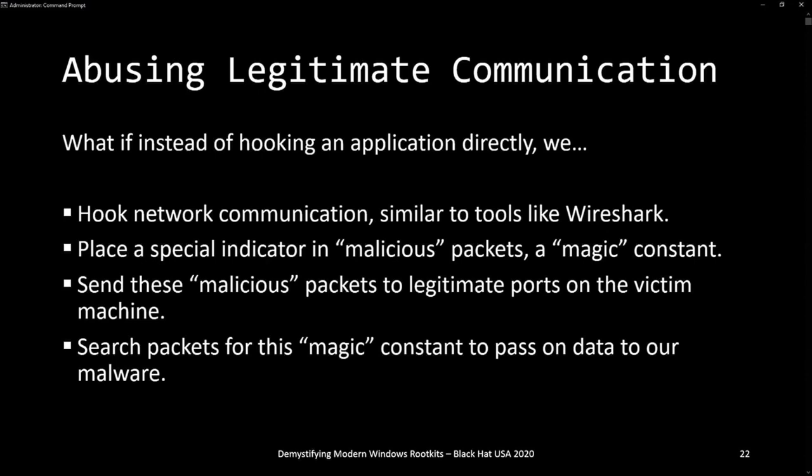Since our malware is intercepting all packets being received, it also constantly searches these packets for the magic constant that the C2 inserted. So what we can do is we can piggyback off of all legitimate communication channels by simply abusing the fact of intercepting all packets. Because what we can do is, again, from the C2 to the victim, any open port, and with that magic constant, the malware then knows that packet is from the C2, and it can process out other data from it.